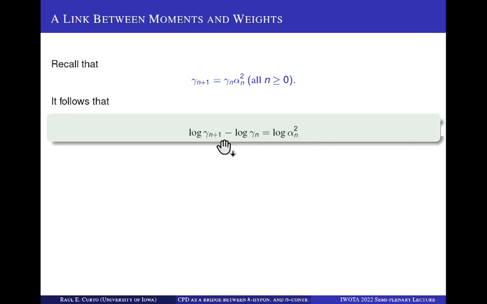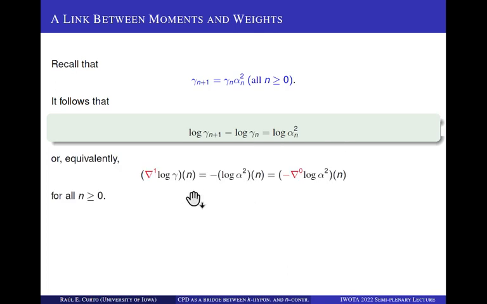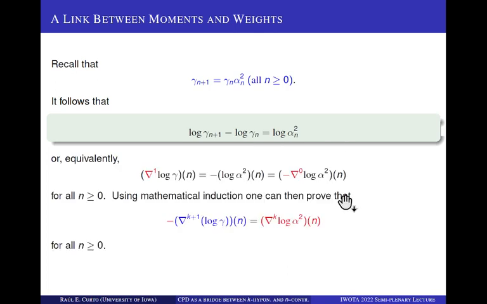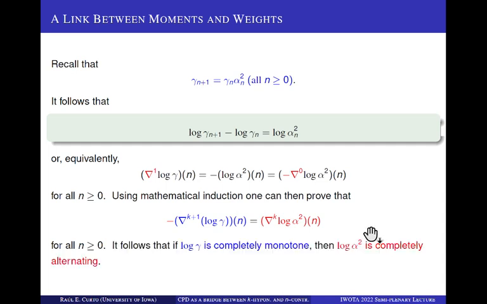And so the log of gamma n plus 1 minus the log of gamma n is the log of alpha n squared. Or if you want to write it in terms of the nablas and use mathematical induction, then you can prove that minus nabla to the k plus 1 of log of gamma is equal to nabla to the k of log of alpha squared. So we have a connection between the log of the moments and the log of the weights. So if log of gamma is completely monotone, then log of alpha squared is completely alternating.